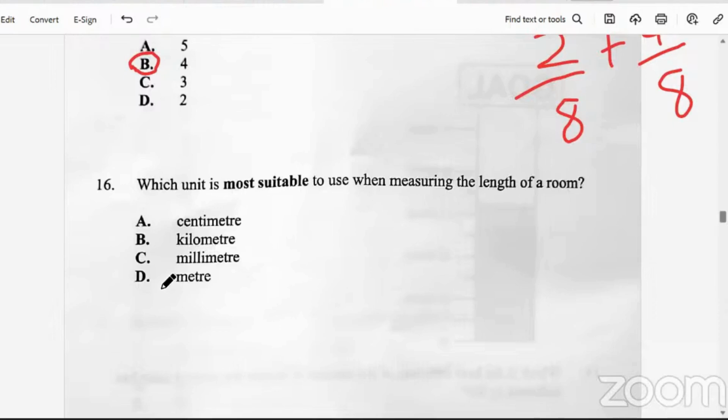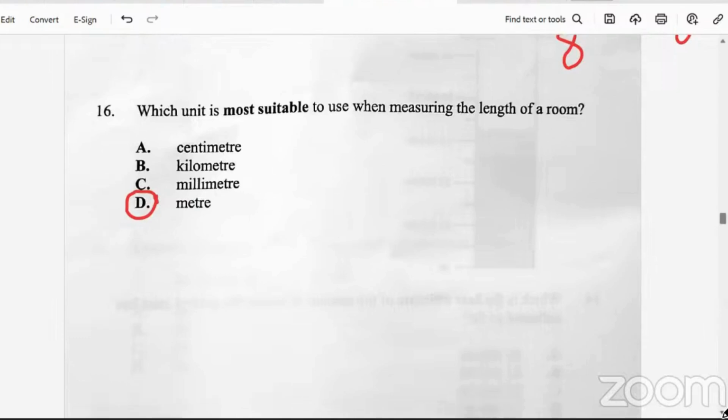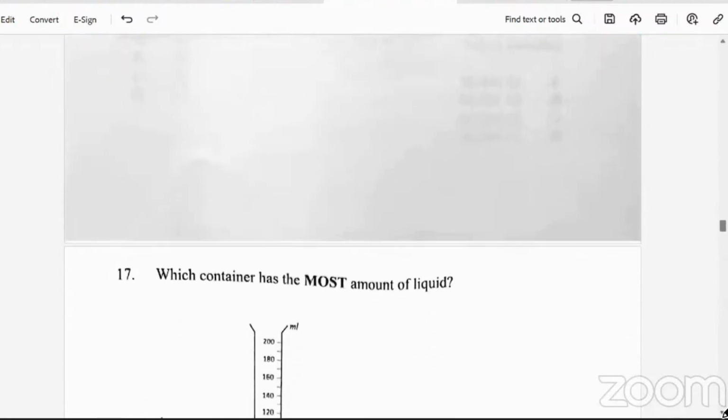But for the length of a room, it would be ideal to use the meter. If you're not sure, make sure you go look at these measurements to see what they actually look like and then be able to tell which one would be most appropriate.